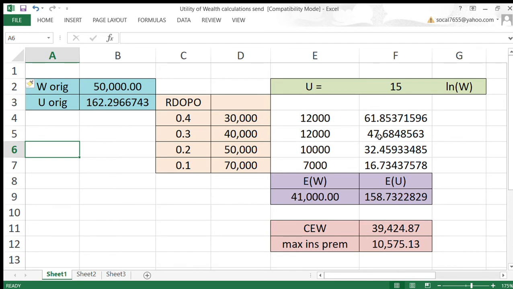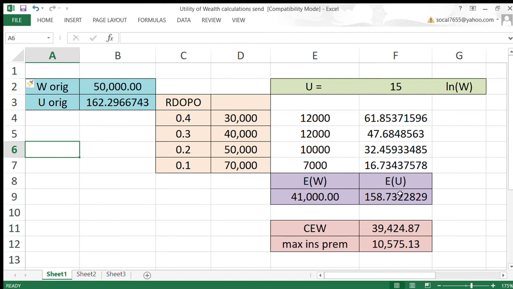In this cell here, we have 47.6848563, and that is 0.3 multiplied by 15 times the natural log of 40,000. This 32.459 is 0.2 times 15 times the natural log of 50,000, and this 16.734, etc., is 0.1 times 15 times the natural log of 70,000.